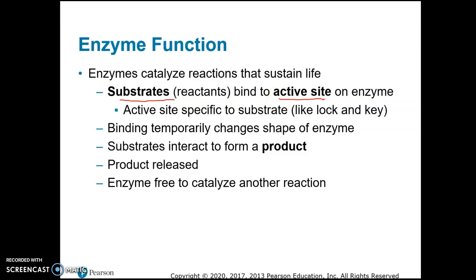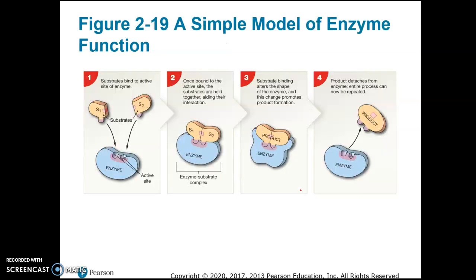And when they bind like a lock and a key, that changes the shape of the enzyme temporarily, and then that causes the formation of the product. That same enzyme can continue to catalyze another reaction, but the enzyme is specific. There's specific enzymes for specific substrates.